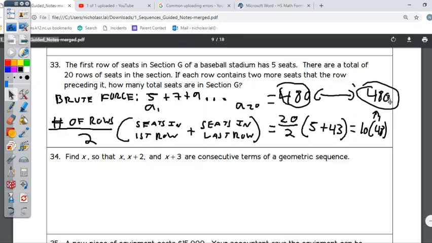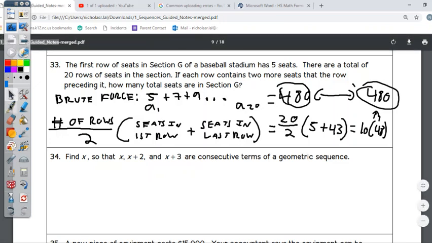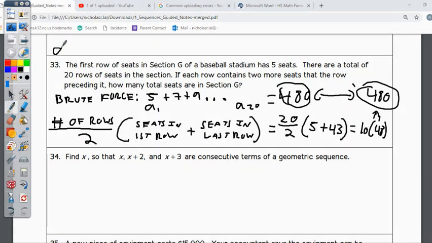So in this specific case, AN is equal to A1 plus N minus 1 times D. In this case A1 is 5, so A20 would be equal to 5 plus 20 minus 1 times 2, because N minus 1 is 20 minus 1, and the common difference is 2, there are 2 additional seats per row.